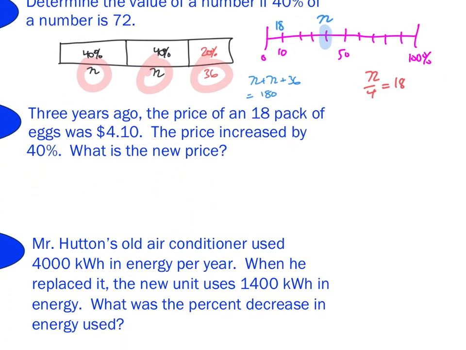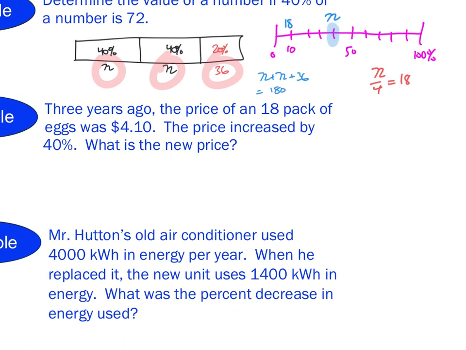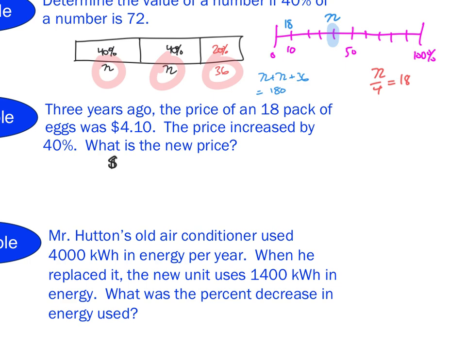Three years ago, the price of an 18 pack of eggs was $4.10. The price increased by 40%. What is the new price? What we have to do is take $4.10 and add 40% to it.